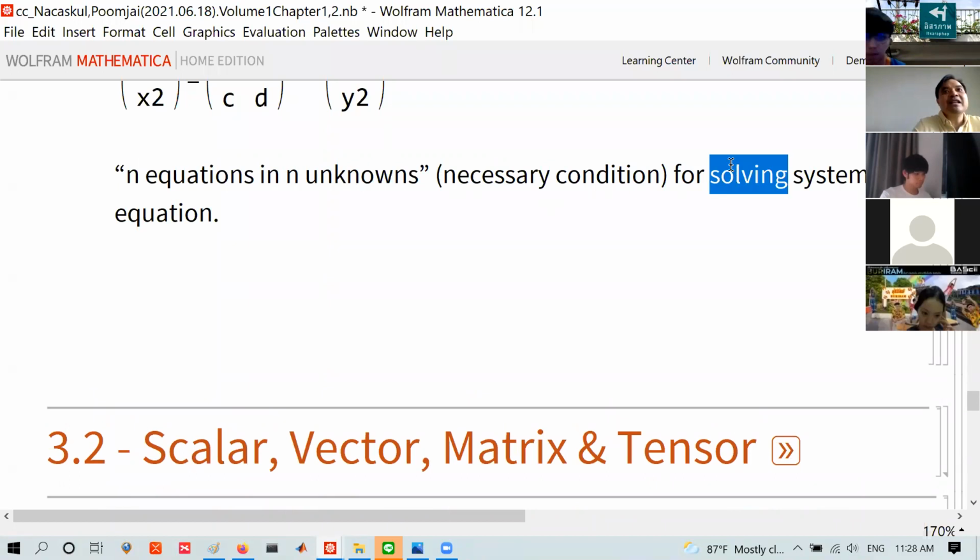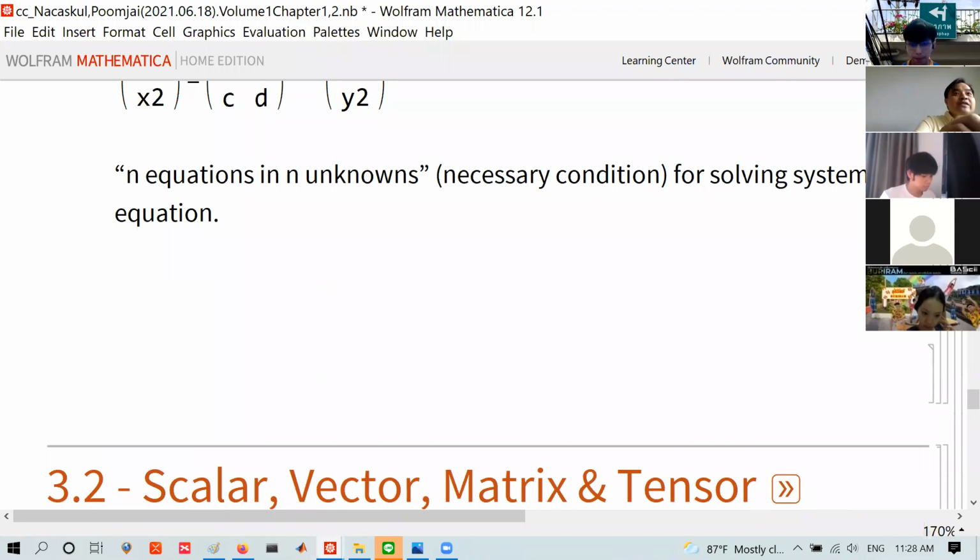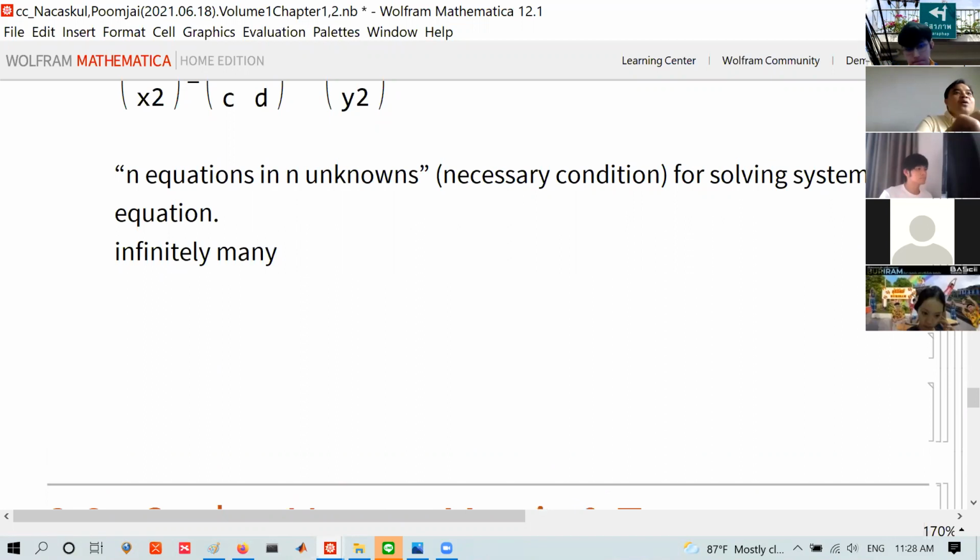By solving, I mean get a unique value, right? It's only a necessary condition. It's not a sufficient condition. Because you can still have two more situations. You can have infinitely many solutions or no solution.